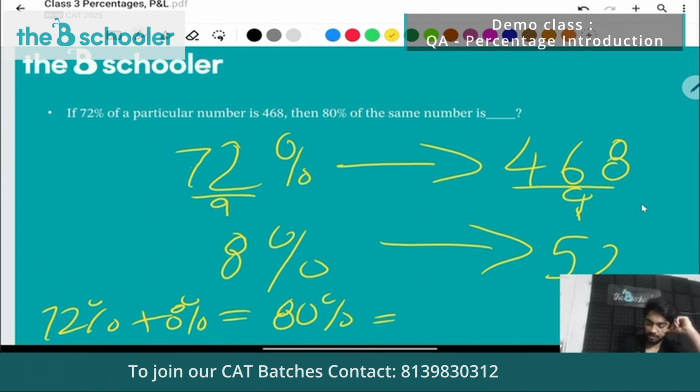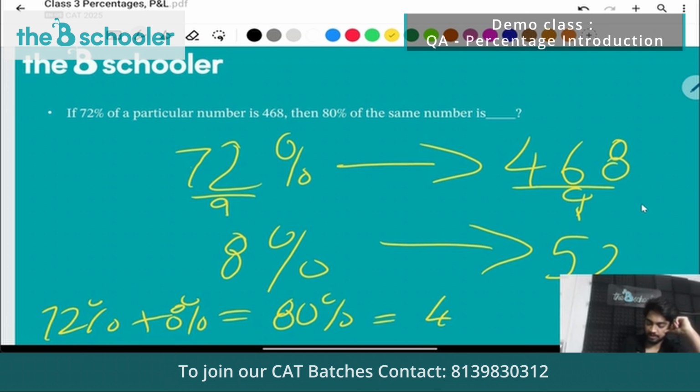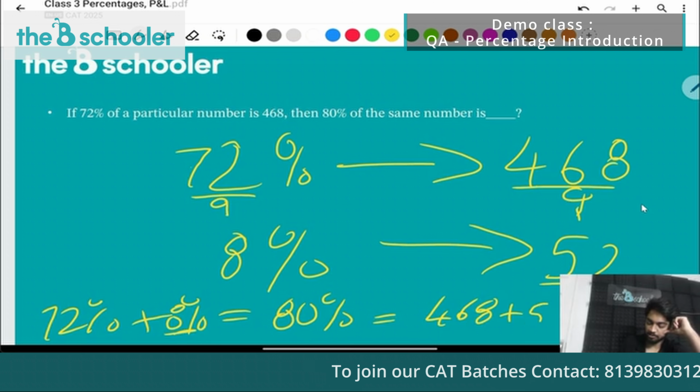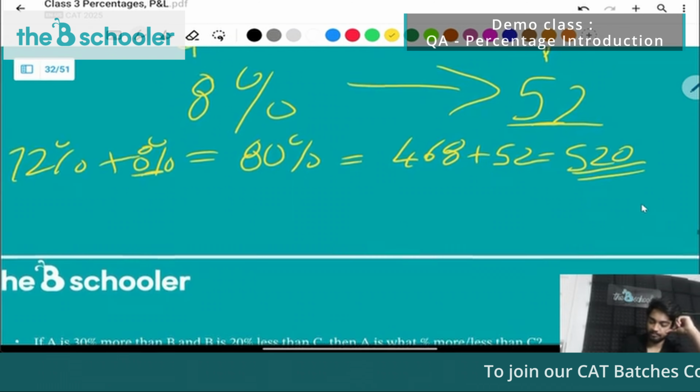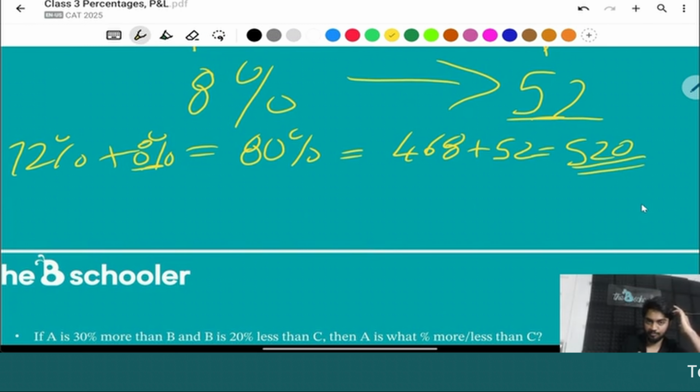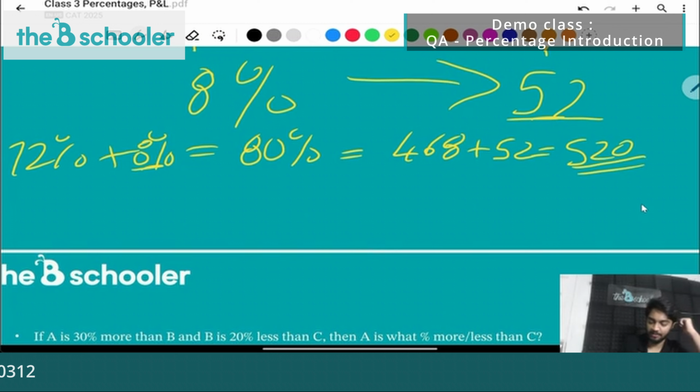That means 72 percentage of the number is 468, plus 8 percentage which is 52, so 468 plus 52 is 520. Is that clear? Nandakrishna and Dishil, is this clear?